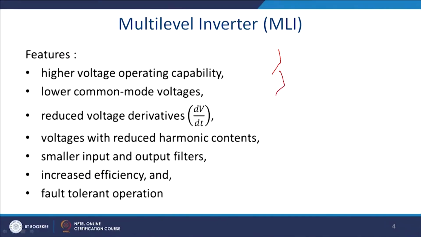Now, what are the desirable features of the multi-level inverter? One of the essential drawbacks is that you require more switches. So, what is the advantage of having a multi-level inverter? Higher voltage operating capability: since the devices are connected in series, the voltage blocking capability gets doubled.